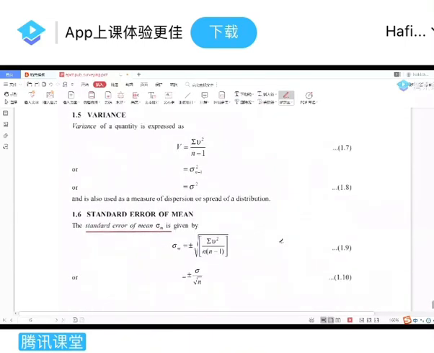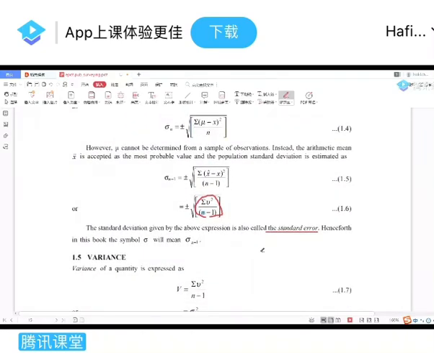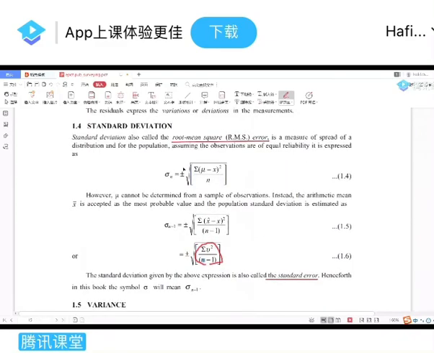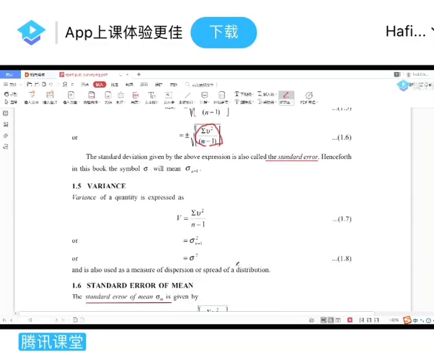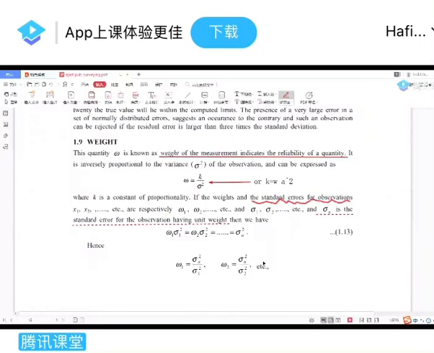Sigma 1, sigma 2 basically relate to this one, because the notation this author uses is inconsistent. So sigma 1 basically is over here. This is your sigma 1, sigma 2 over here. A different kind of sigma, different kind of data. So it's a standard error for the observation, and you have a unit over here.